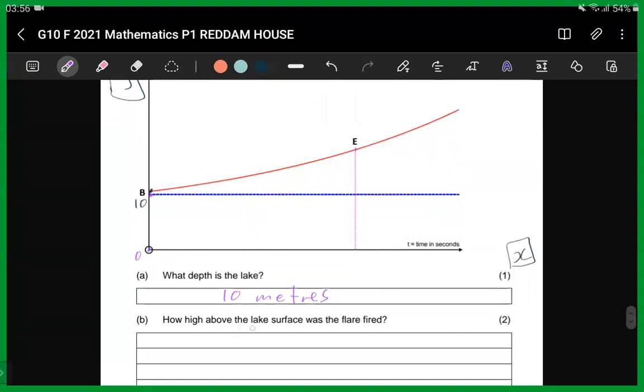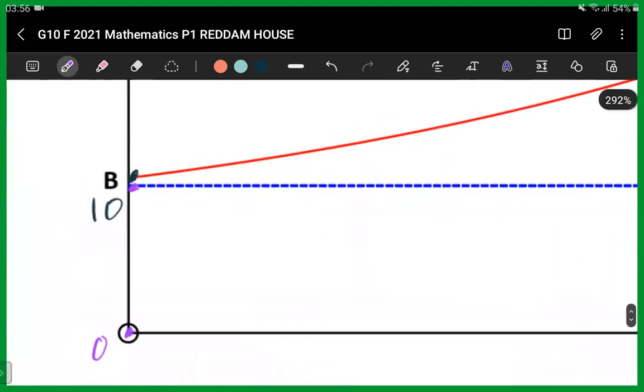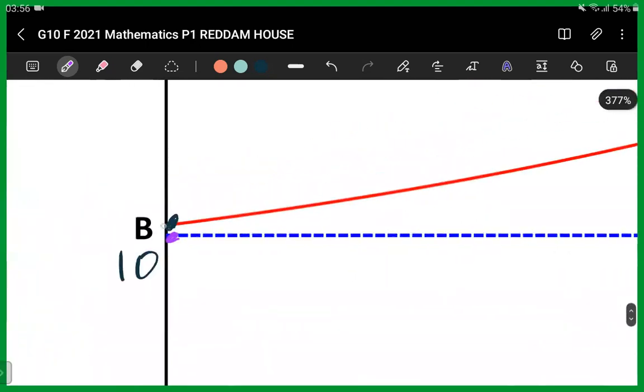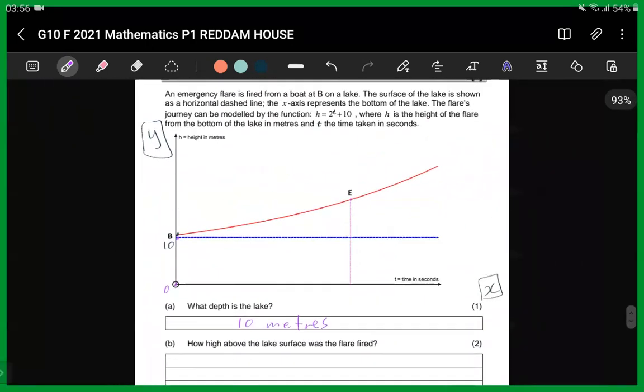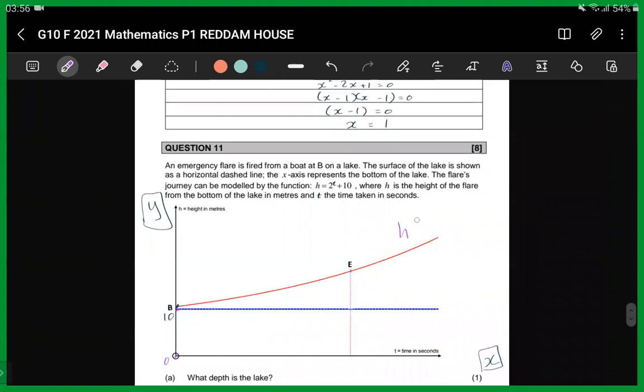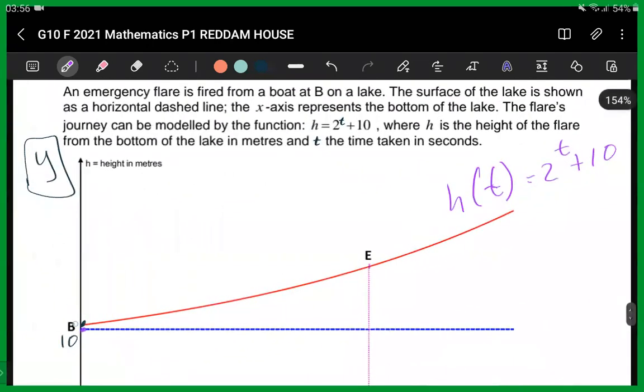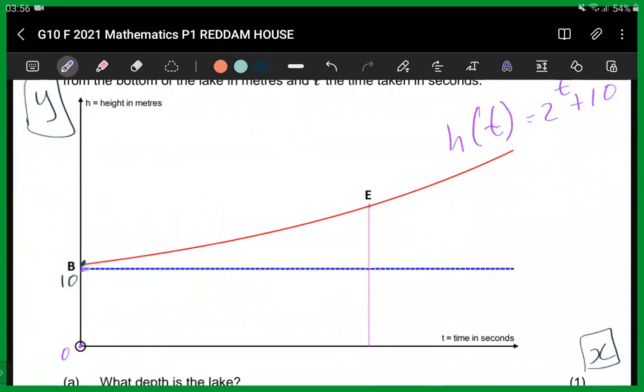How high above the lake surface was the flare fired? So you want to figure out the y value of B. The y value of B, remember, this is just an equation. So if you want to find out the y value of B, you already know that here at B, the value for t is a 0.